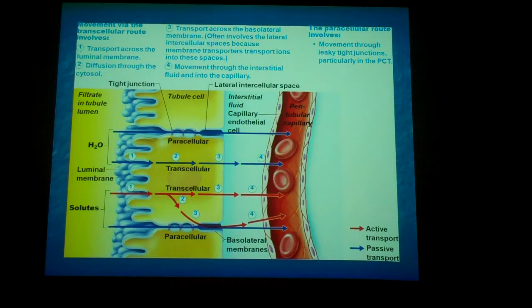Okay, so they pass through the cell, out the basilar part of the cell, into peritubular fluid, into blood. Things that are secreted pass out of blood into peritubular fluid, into the basilar part of the cell, through the cell, and out the apical part, into the tubular lumen.